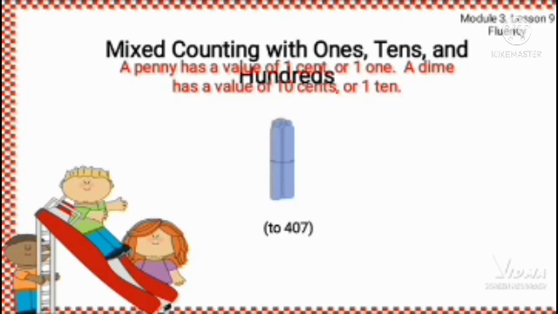The next bundle will tell you how to count fast. So from 407, use hundreds to count to 207. That's quite easy. 307, 207. Okay, so now we are at 207. I want you to use this bundle to count to 192.